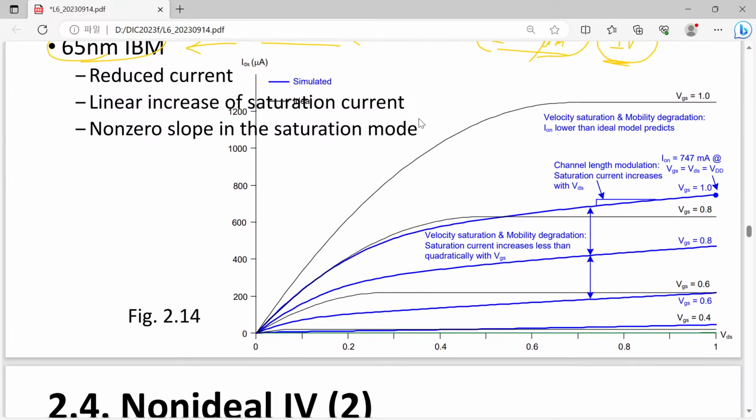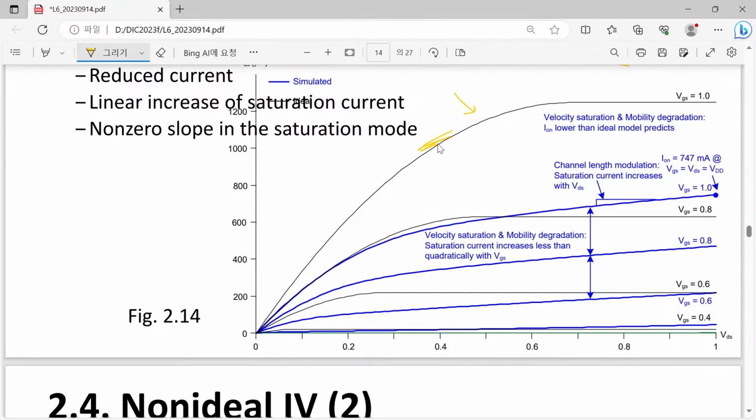Actually, this is nothing related with measurement data, but they did some computer simulation. So the blue line corresponds to the computer simulation. However, this computer simulation is well matched to the realistic data, realistic measurement. And this black curve is obtained from our long channel IV characteristics.